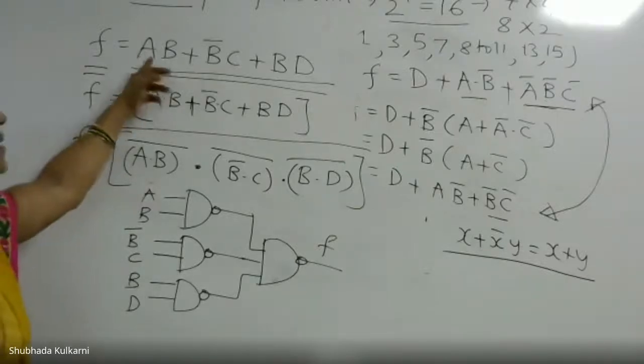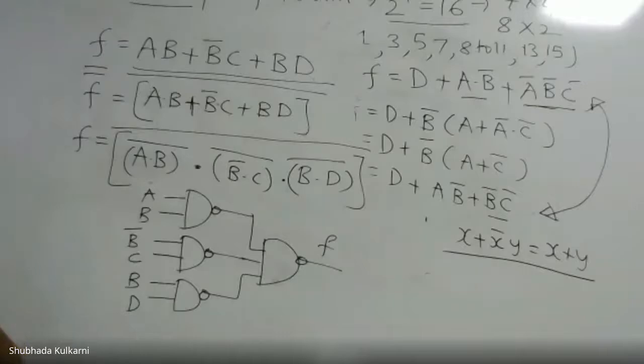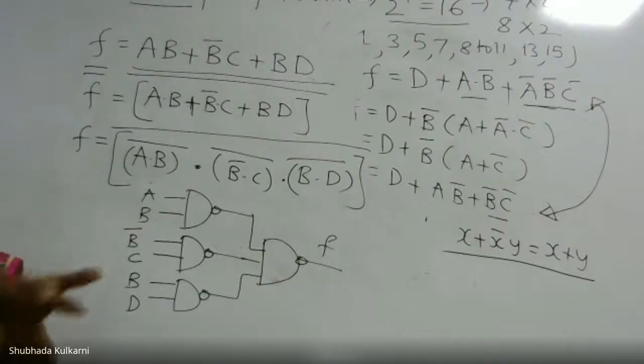If you want to use basic logic gates, here AND gate, AND gate, AND gate, and one OR gate. But I told what is the advantage of NAND or NOR realization? Only one type of logic gate in the fabrication, and designing the circuit is quite easy, compact, and cost effective. And that's why it is preferred.